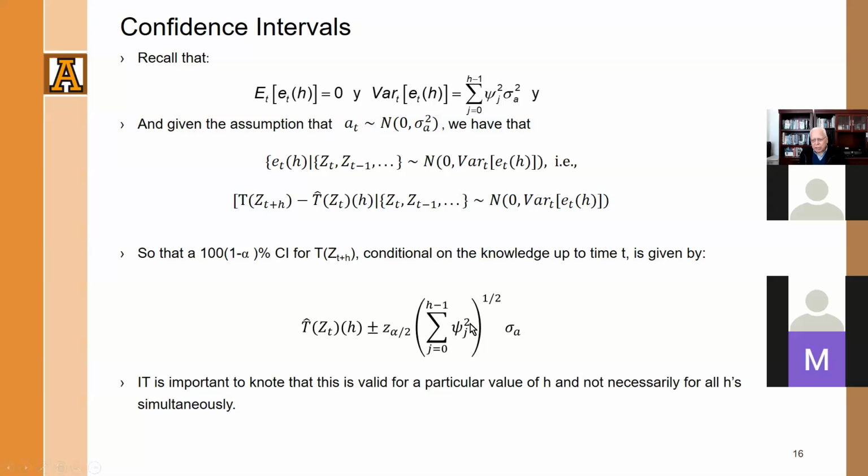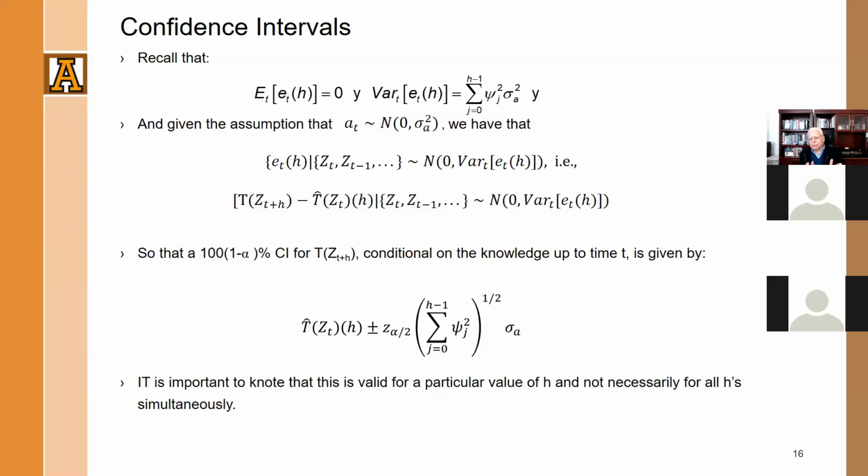Because these are positive numbers that we're adding, if h is equal to 2, then we're adding psi 0 and psi 1 squared. If h is equal to 3, that'll be from j equals 0 to 2, so that'll be psi 0, which is 1, psi 1 squared plus psi 2 squared. So I keep adding positive numbers, so the multiplier for the standard deviation of the a's keeps increasing for larger values of h.